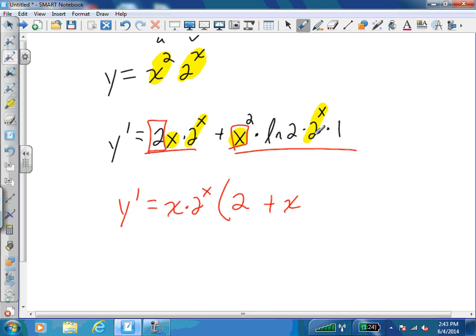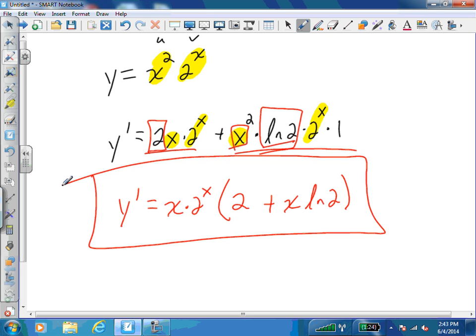We factor a 2 to the x out, also left with natural log. So there's really nothing significantly new here. It's just we have a new type of function, so a new formula to take its derivative.